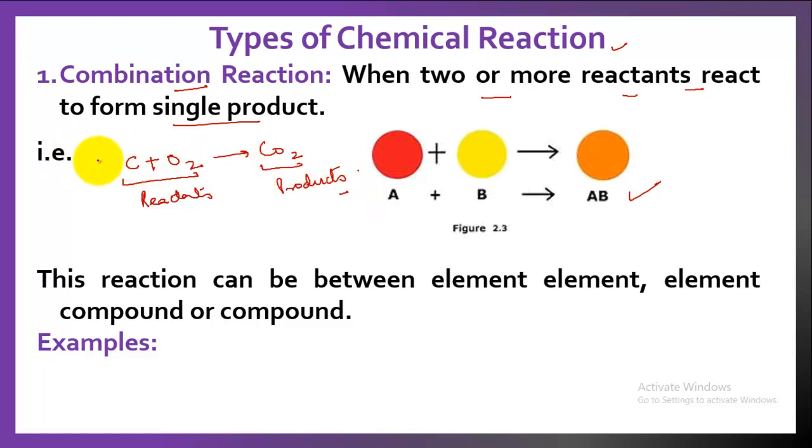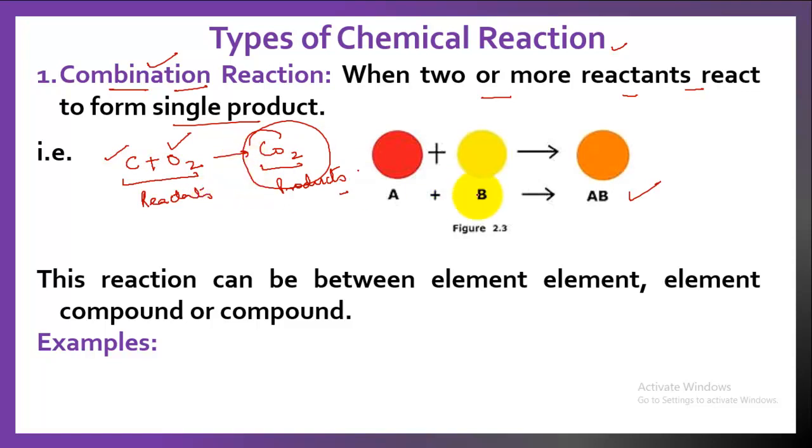So the reaction in which two or more reactants react but form a single product is called a combination reaction. The name specifies that the reactants are combining with each other and forming a single substance.